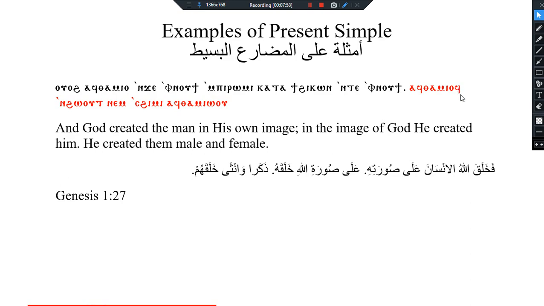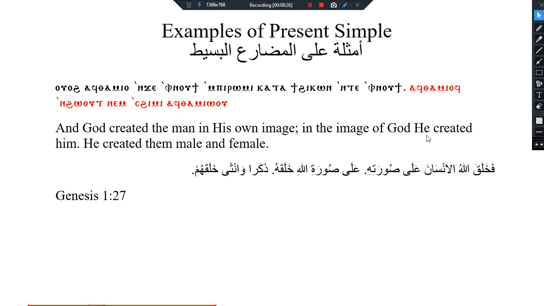If the complement is a pronoun, it is the same thing. For example, with the verb samio, it means to create. Here in Genesis 1:27, and God created the man in his own image.